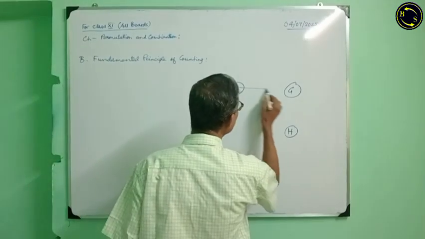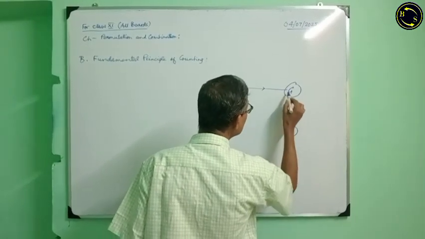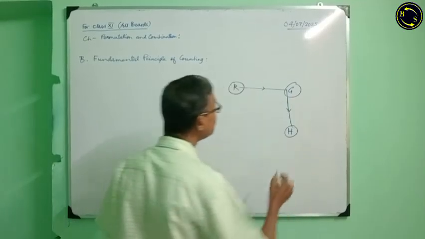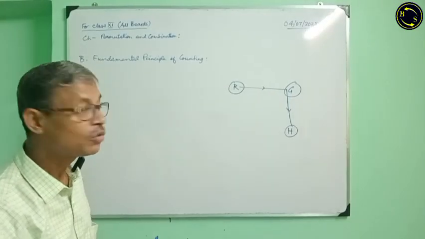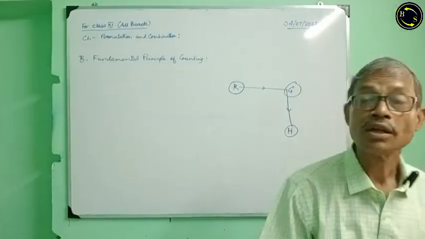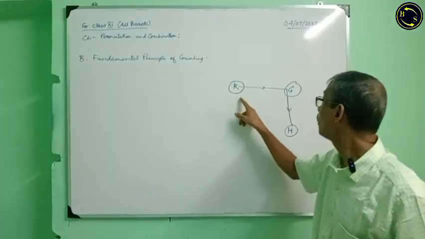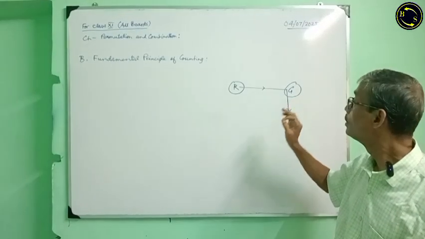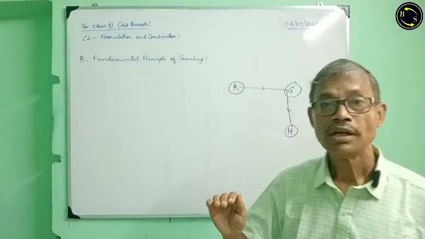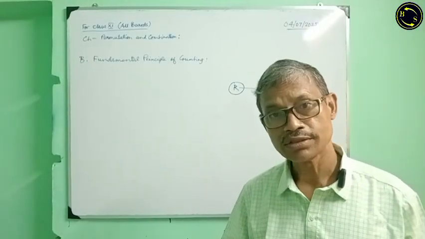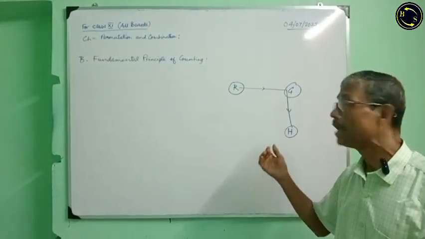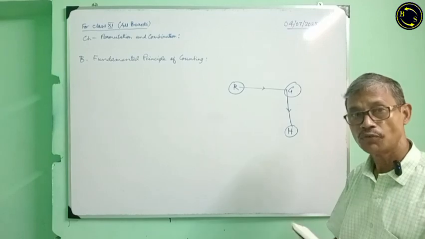First, I am to go from R to G, then from there we have to go to H. Now, I can go from R to G with the help of four vehicles, say auto rickshaw, taxi, bus, etc. Four ways.